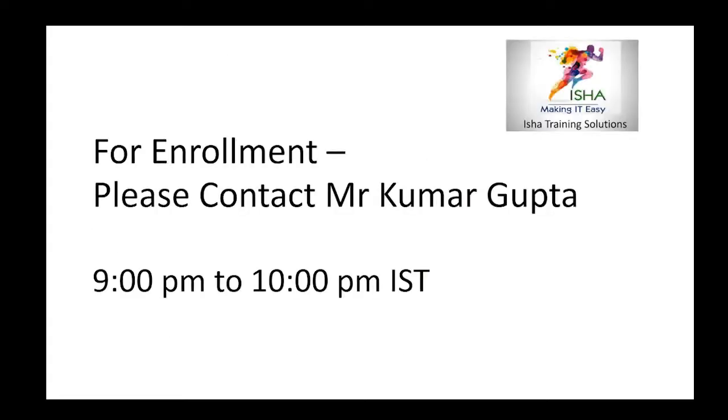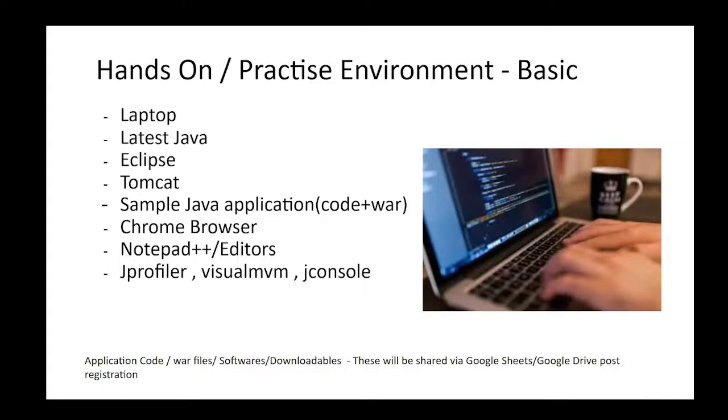Okay, so all I need is for you to do hands-on for sure. At least once, if you do hands-on on all these topics, that will give you immense satisfaction and confidence. All I need is your laptop and some very basic software like Java, Eclipse, and Tomcat to be available. Nothing more than that. As we move along, I'll tell you what to install and where to install from.